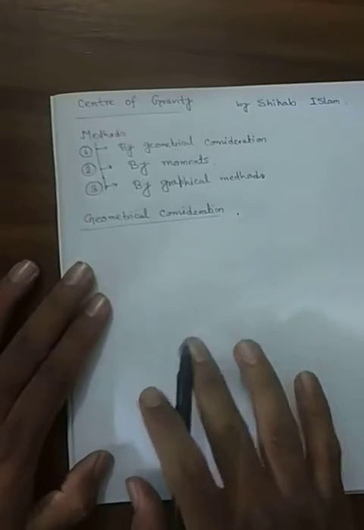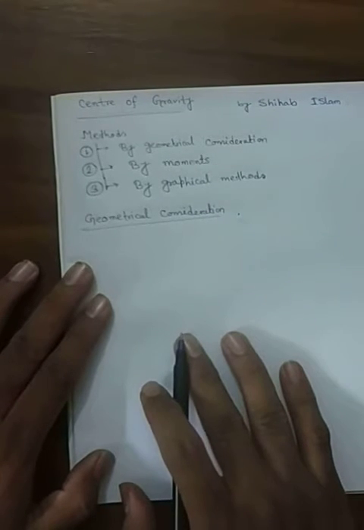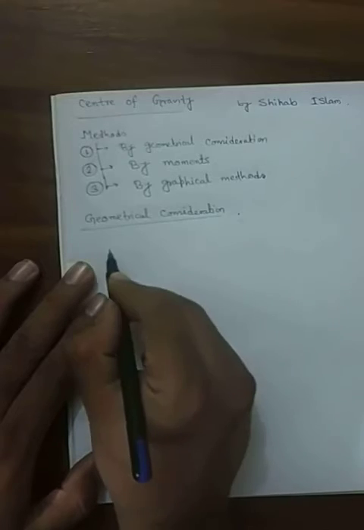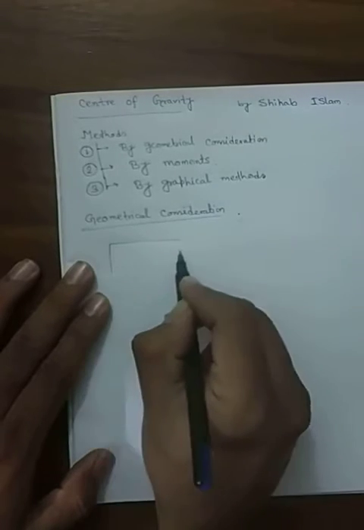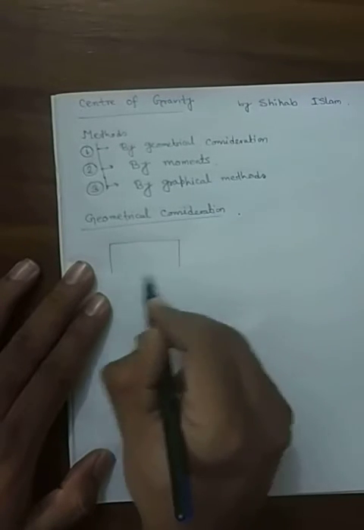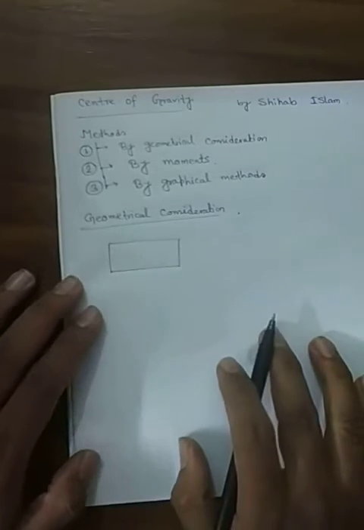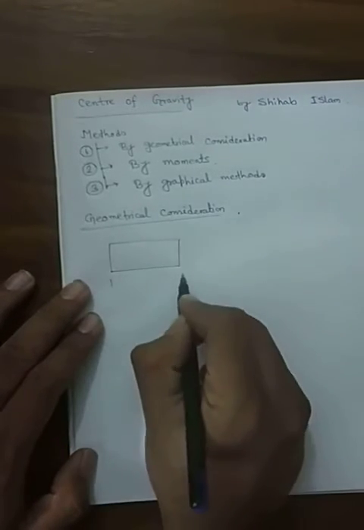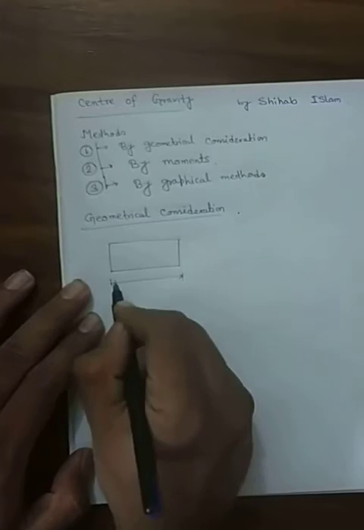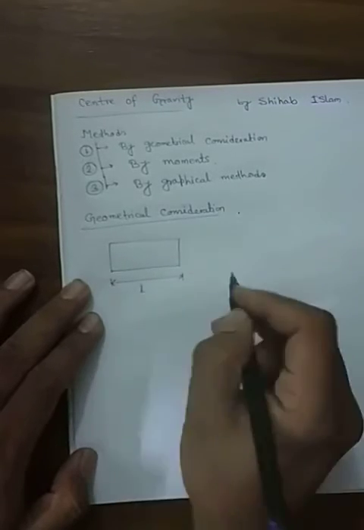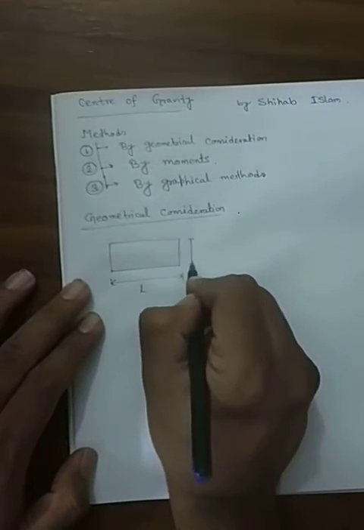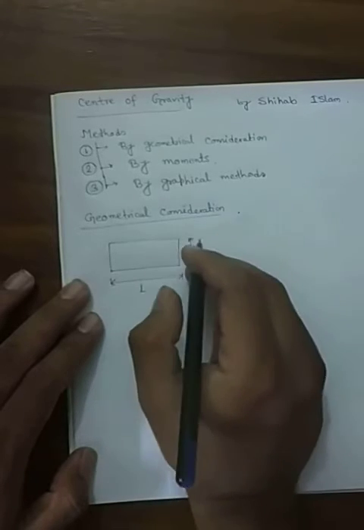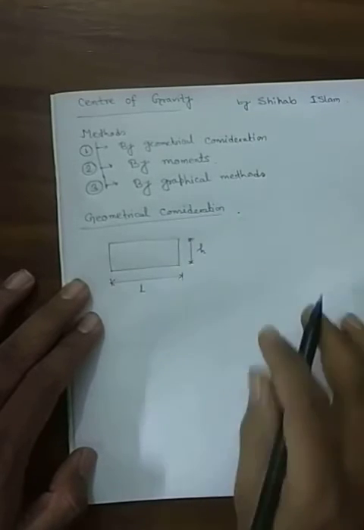Take a figure, a random figure. I am taking a rectangular figure. This is a rectangle whose length I am taking as L and whose breadth, let's take H.